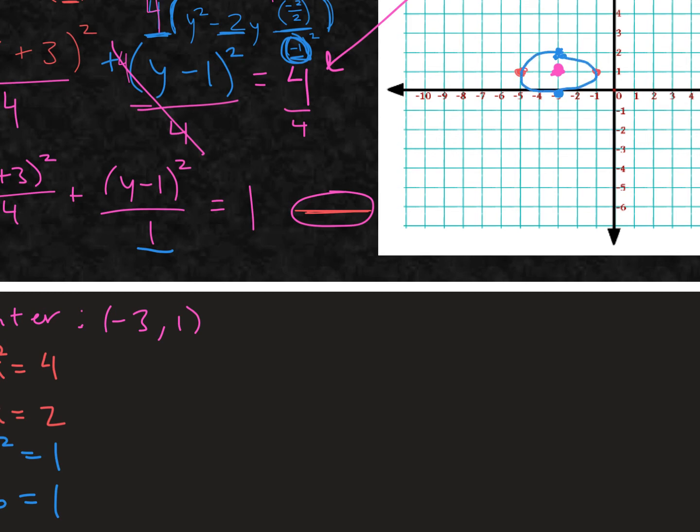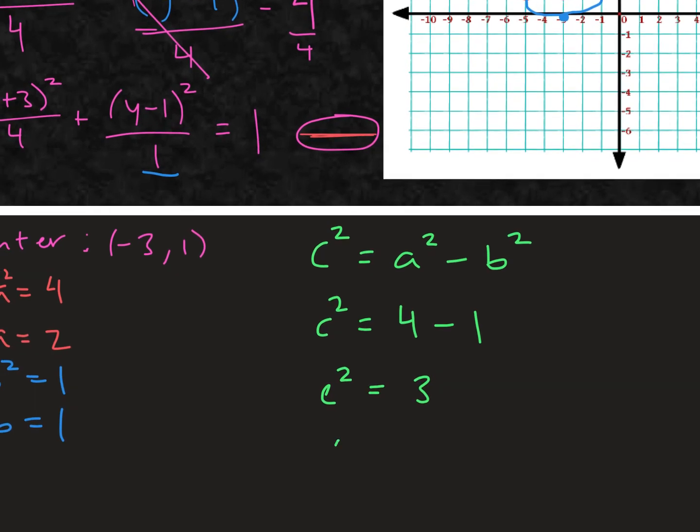The only thing missing is my foci. So my foci comes from the formula c squared is equal to a squared minus b squared. So c squared is equal to a squared, which is 4, minus 1. So c squared is equal to 3, which means c is equal to square root 3.